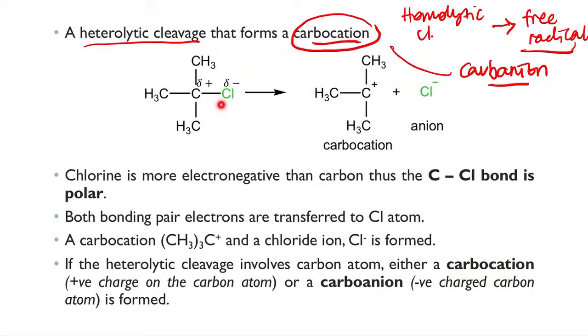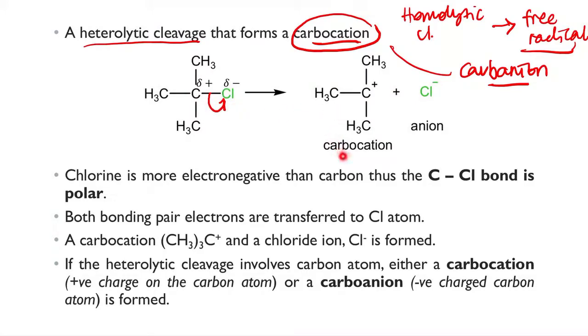So it is more electronegative. Therefore, what will happen? How will the curly arrow look like? Your electrons will be transferred daripada single bond tu pergi siapa? The more electronegative one kan? So it will look like this. Gitu. Alright. Oops, sorry. So that is the curly arrow for forming carbocation.